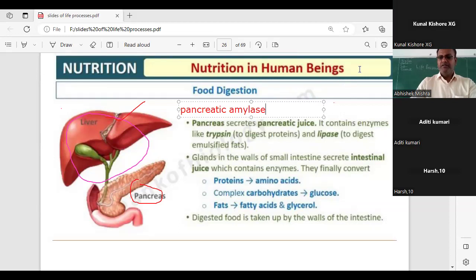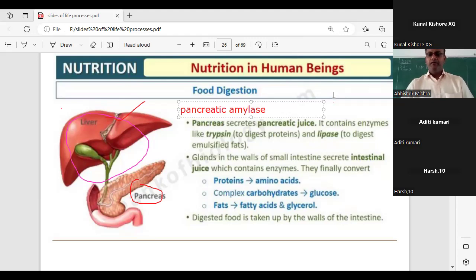Okay, Kunal. Unmute yourself, Kunal. I have given you the option. Okay, maybe some network issue, no problem.